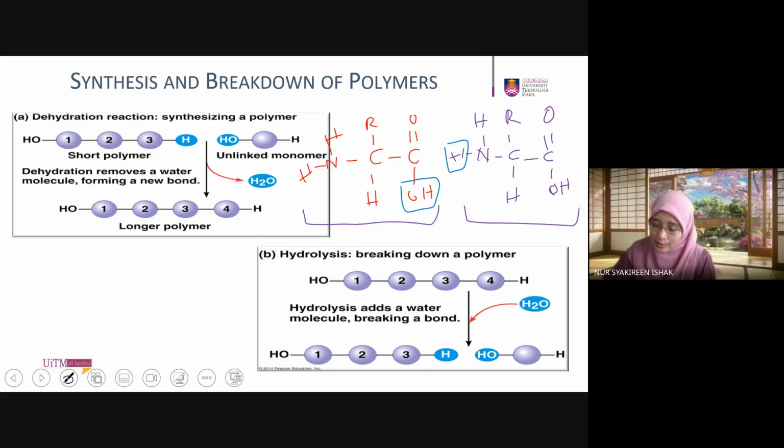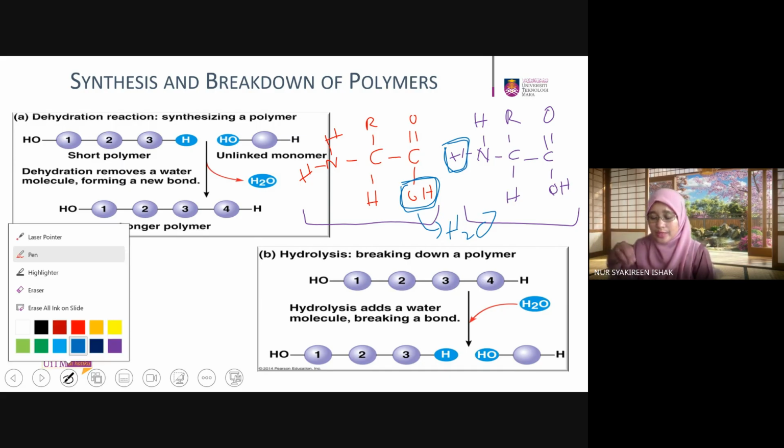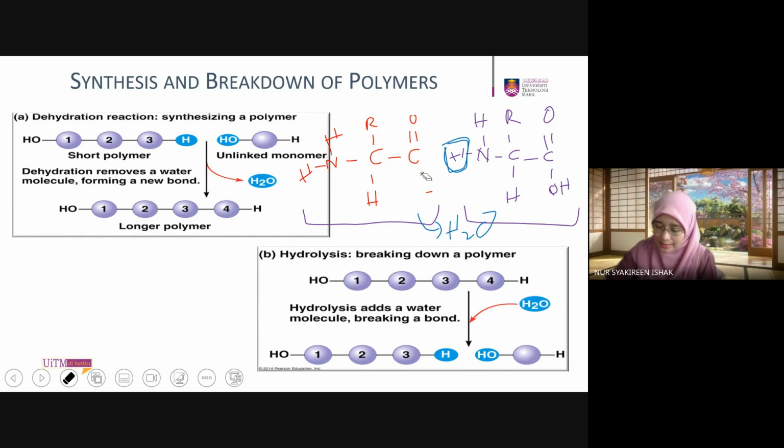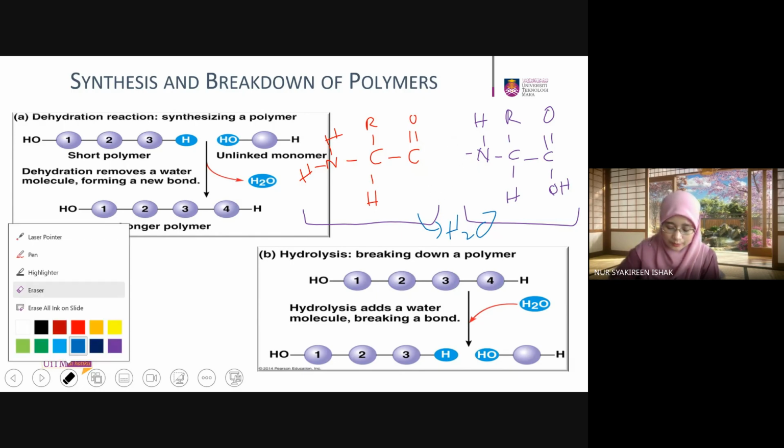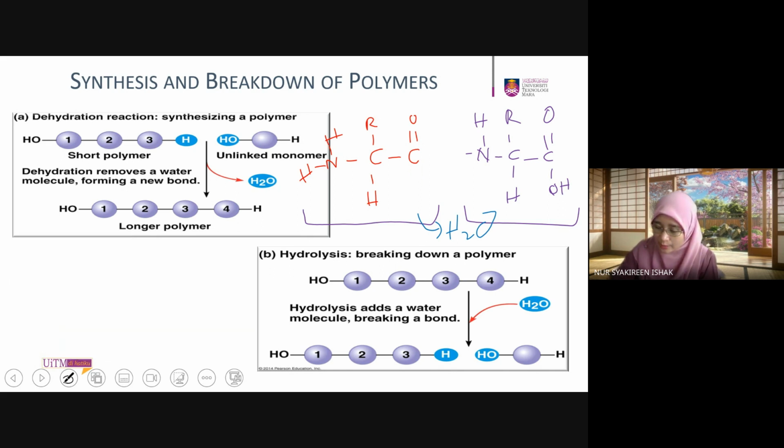The OH and the hydrogen atom become a water molecule. Once you remove them, you form a covalent bond between the monomers.